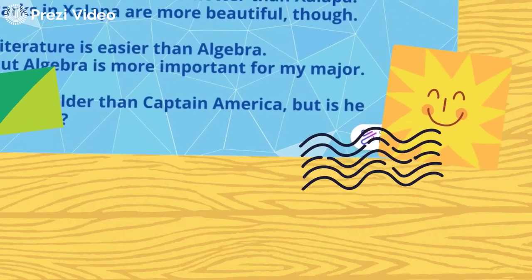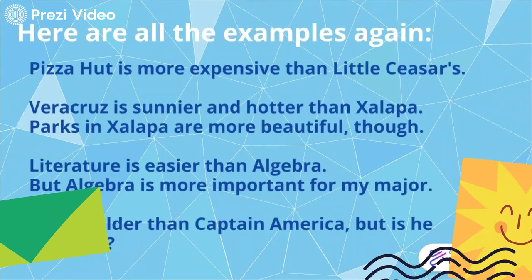Here are all the examples again. Alright, so we have Pizza Hut is more expensive than Little Caesars. Veracruz is sunnier and hotter than Jalapa. Parks in Jalapa are more beautiful though. Literature is easier than algebra, but algebra is more important for my major.